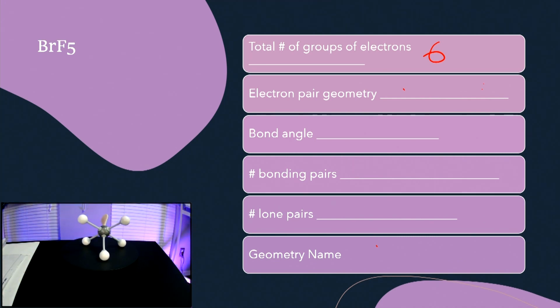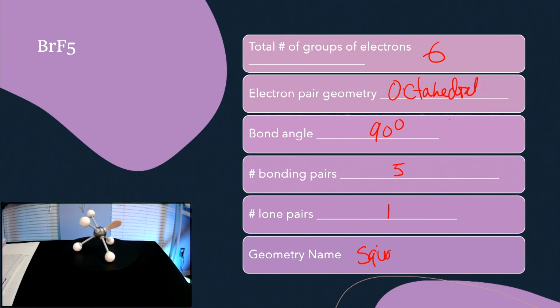The electron pair geometry is going to be octahedral. The bond angle will be 90. The bonding pairs will be 5. The lone pair will be 1. And the molecular geometry will be square pyramidal.